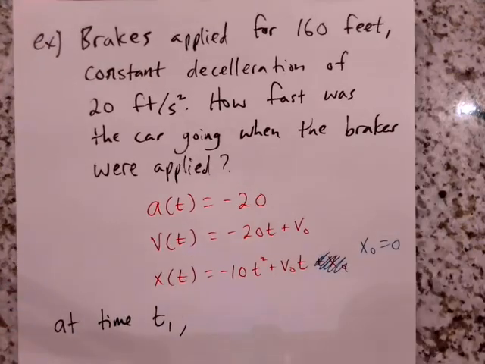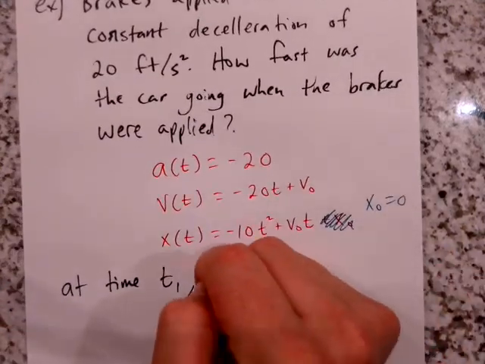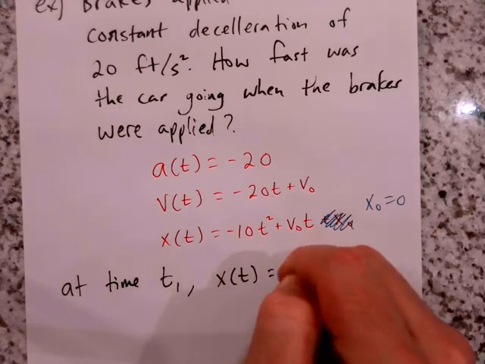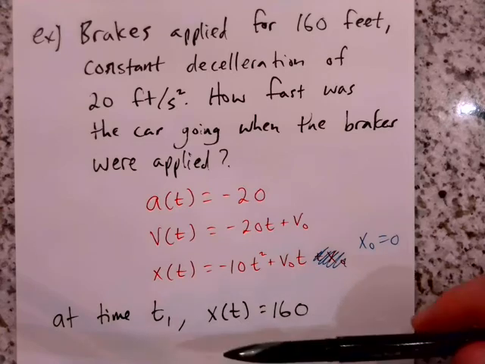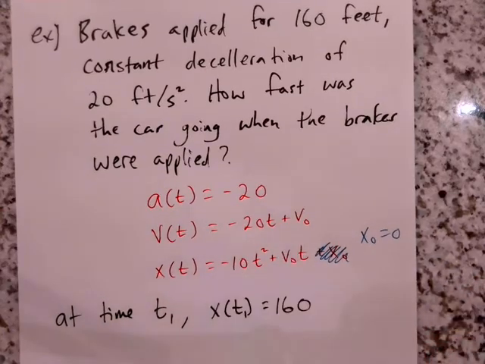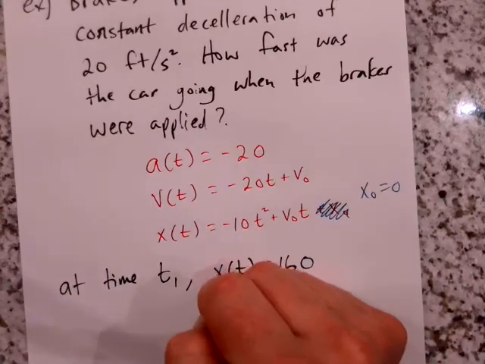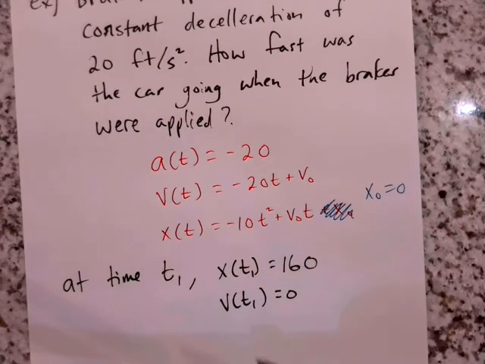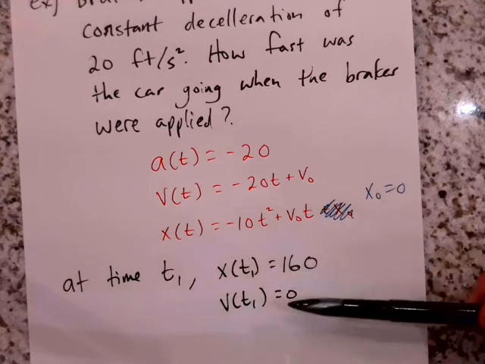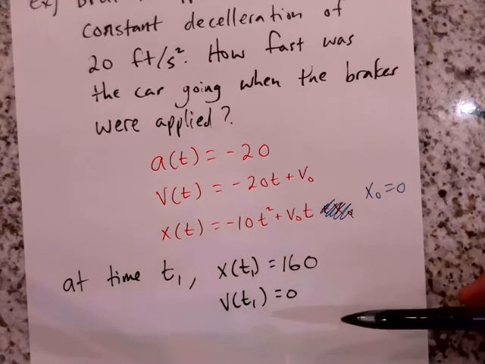this is when the car has finally stopped, which means x of t is 160, because that's how far the car went before stopping. And v of t1 is 0, because after this unknown time it takes to stop, the car has finally stopped and it's gone that far.